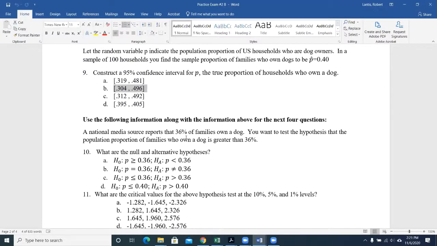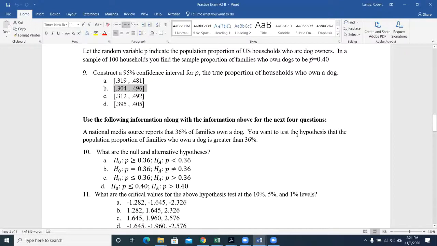So in any of these times where you have to identify the null and alternative hypothesis, I'm not trying to trick you. Whatever you're trying to find or whatever you're testing for, that is your alternative hypothesis. You then assume the exact opposite is true or that the complement is true, and that becomes your null, right?